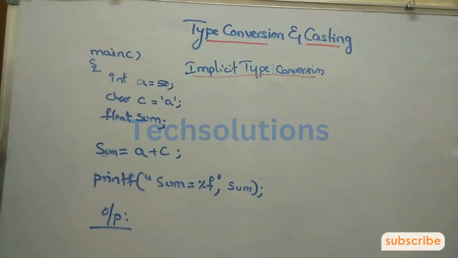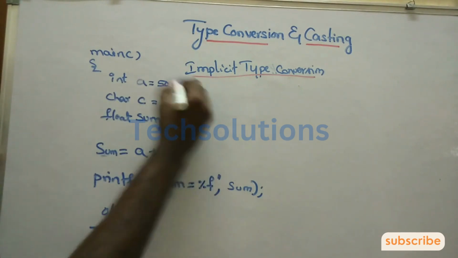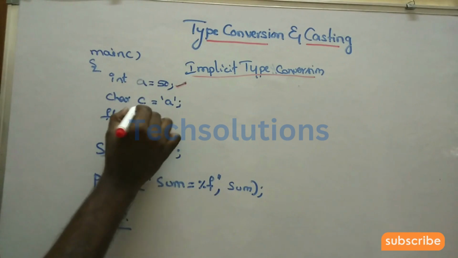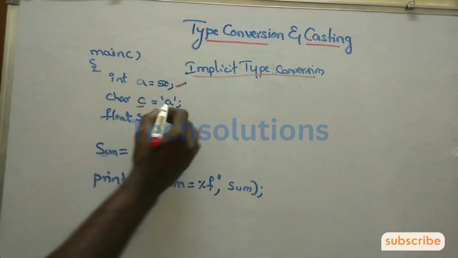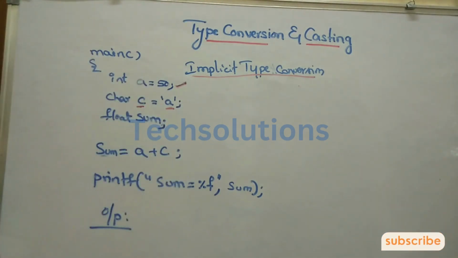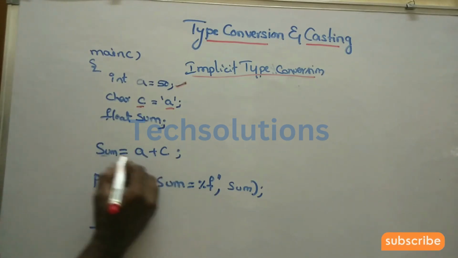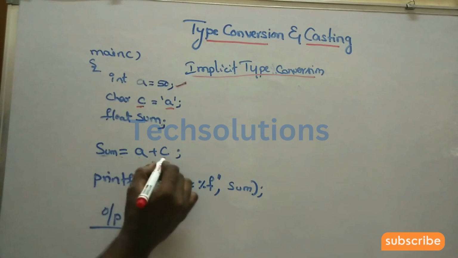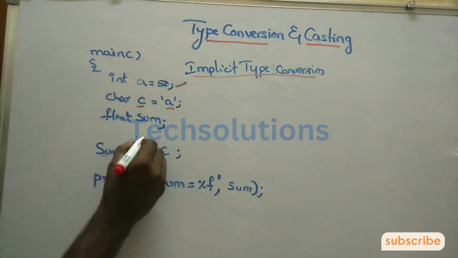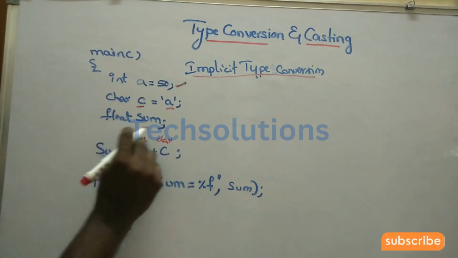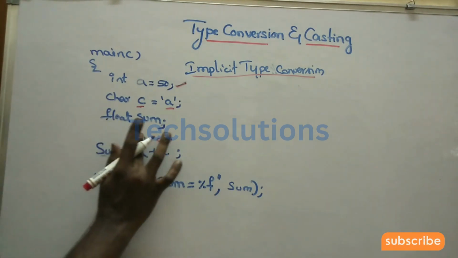See, what is the value of a? A is an integer value, right? Now c. What is the type of c? C is a character. Now here I am performing the summation: sum equal to a plus c. Actually a is an integer and c is a character. Is it possible to add an integer and a character? It is not possible.